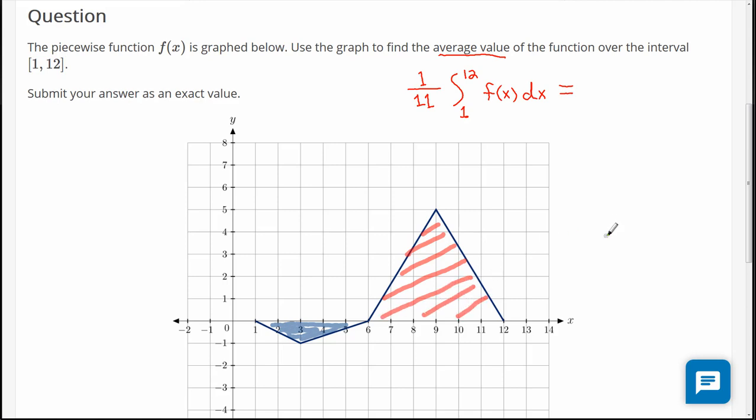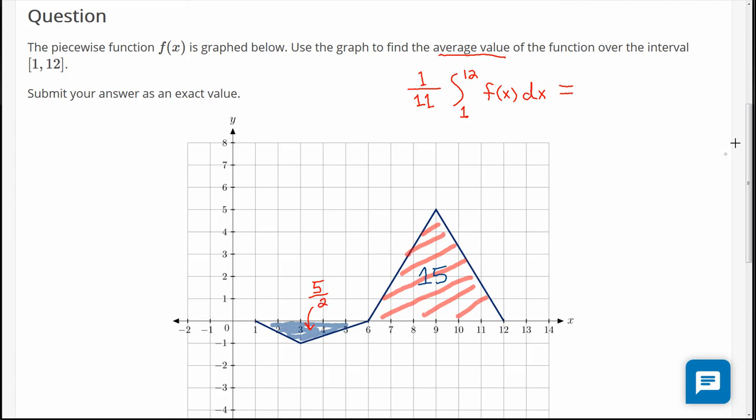Okay, the red area, the positive area, has a base of 6 and a height of 5, so 1/2 base times height would be 15. So the area of the triangle above the x-axis is 15, and the area below has a base of 5 and a height of 1, so the area of that is 5/2.